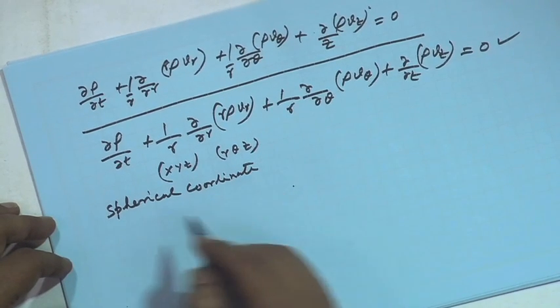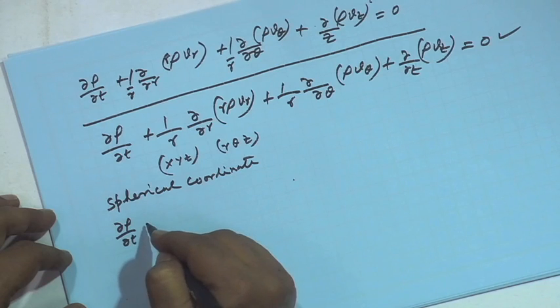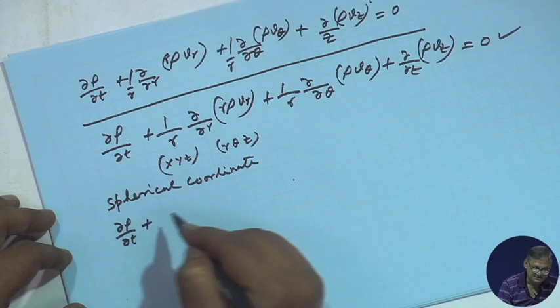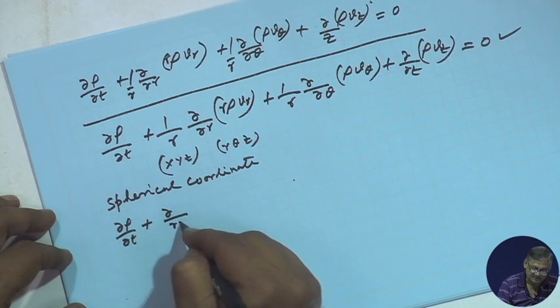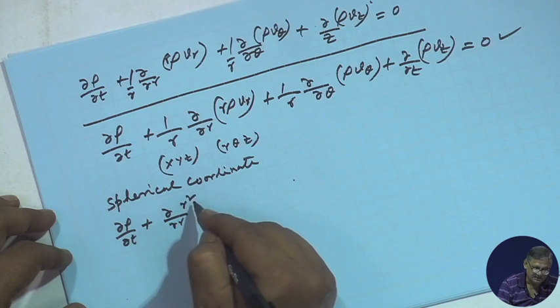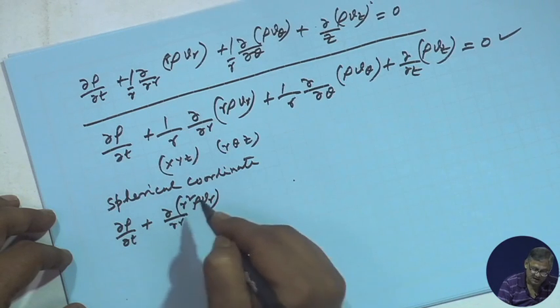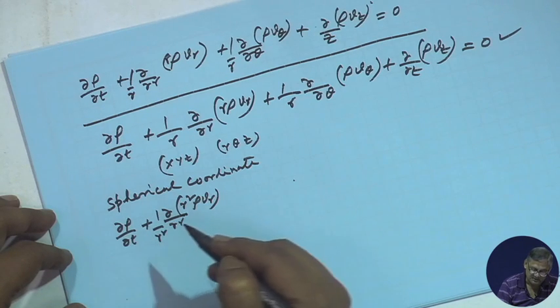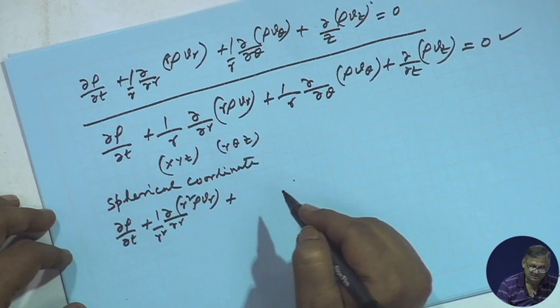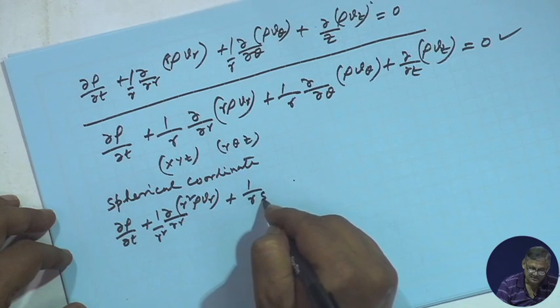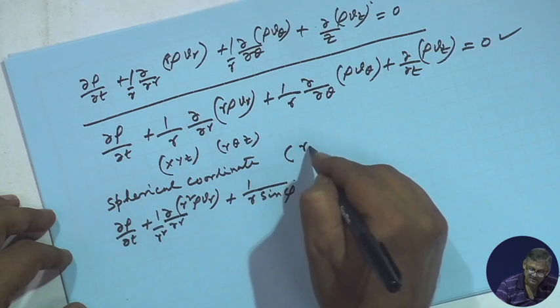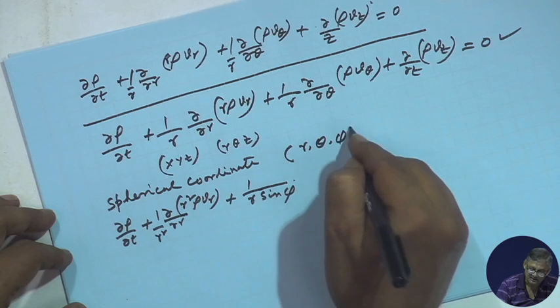we can say that del rho del t plus del r of r square rho v r, right, del r of this into 1 by r square, plus 1 by r sin phi, if our coordinate system is r theta phi, right.